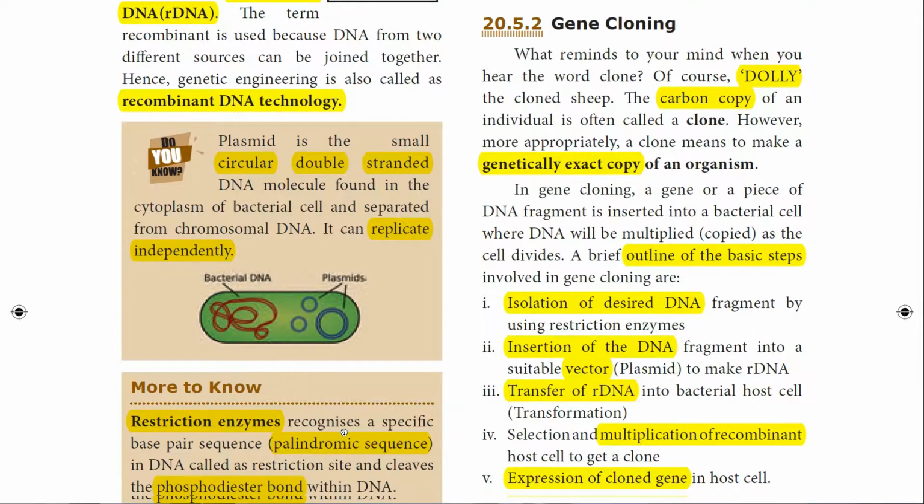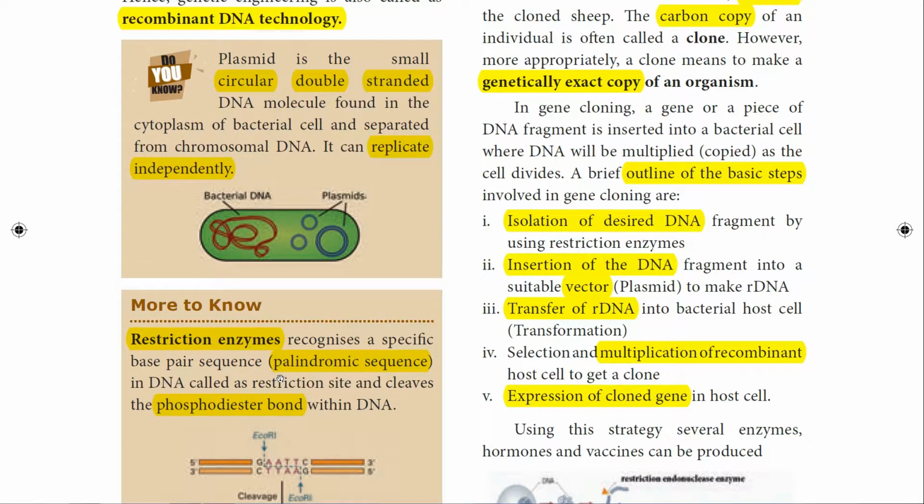Another important substance used in recombinant technology is restriction enzymes, which are also extracted from microorganisms. The discovery of these enzymes made a great advancement in genetic engineering. These enzymes can recognize specific base pair sequences of the DNA. These sequences are called palindromic sequences. I hope you all know what a palindrome is.